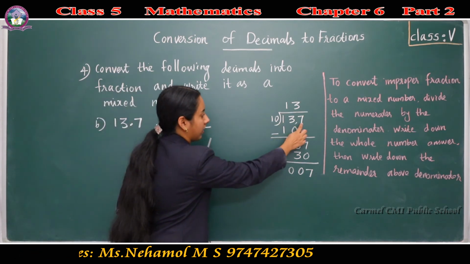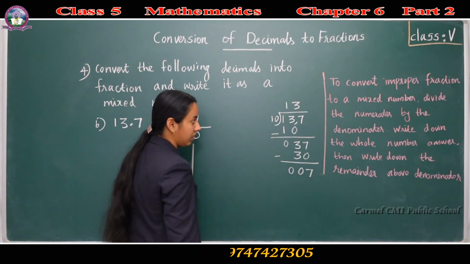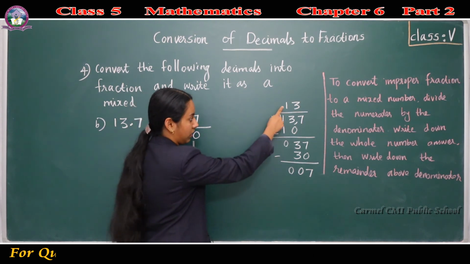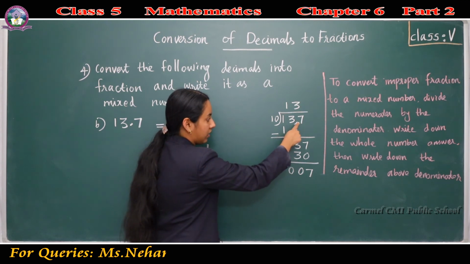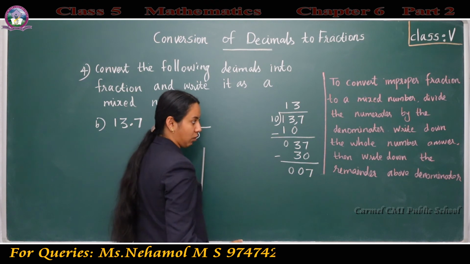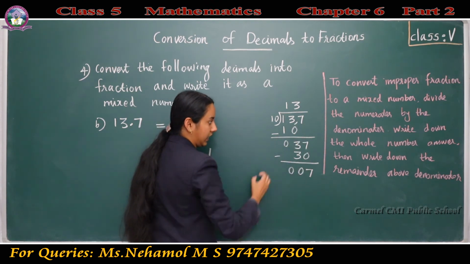137 divided by 10. First take 13. 1 ten is 10, 2 tens are 20, so write 1. Subtracting, 3 minus 0 is 3, 1 minus 1 is 0. Write the next number 7 down. We got 37.